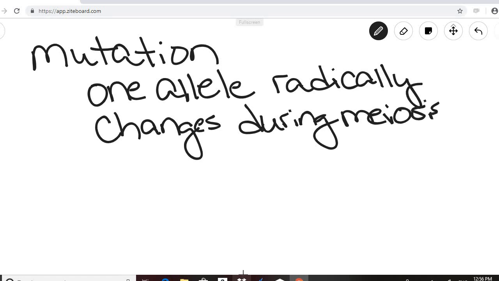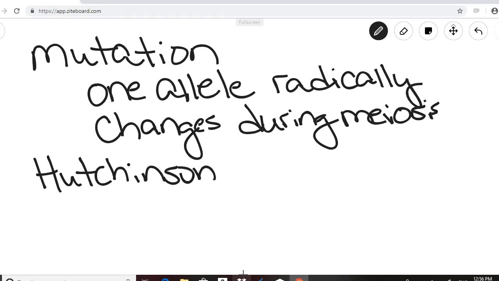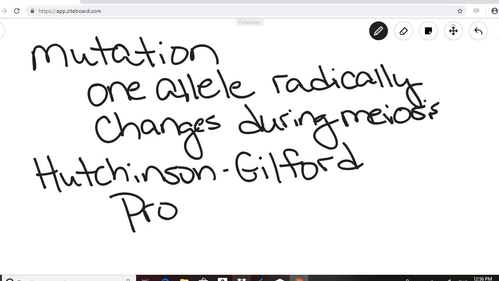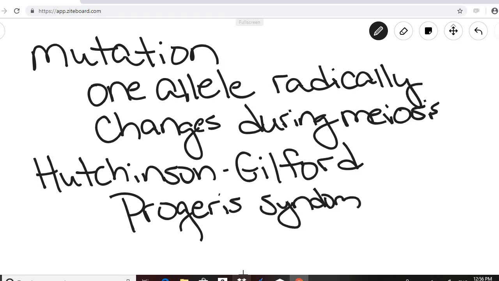And there is a condition that's called Hutchinson-Gilford progeria syndrome. And with that syndrome, what you get is premature aging.